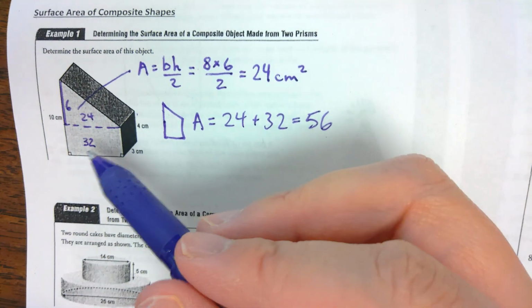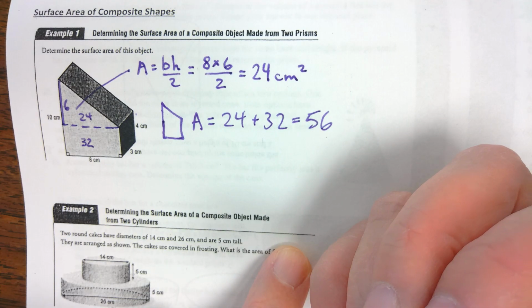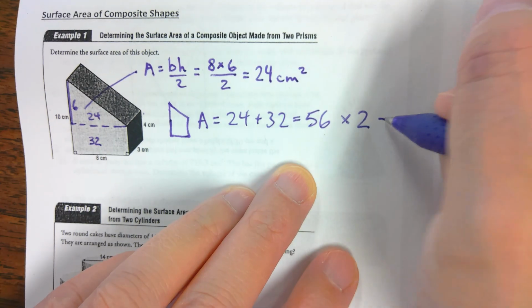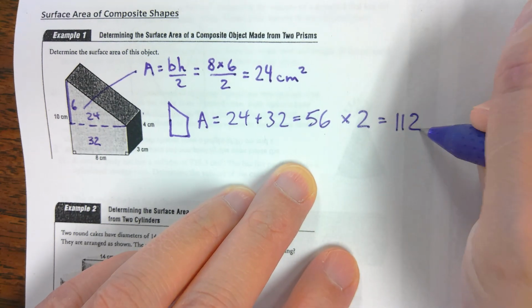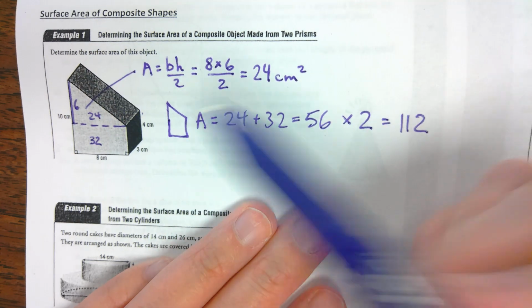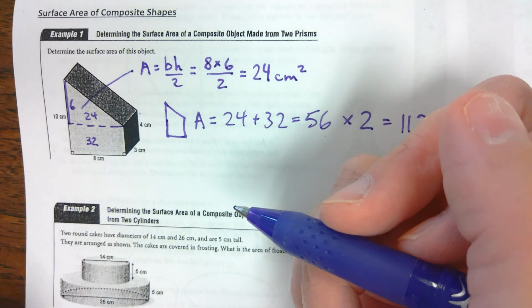How many of these sides do I have in this figure? 2 of them, right? So don't forget, you have to times it by 2. So 112. I got the front face and the back, and now I just have to add up the other 4 rectangles.